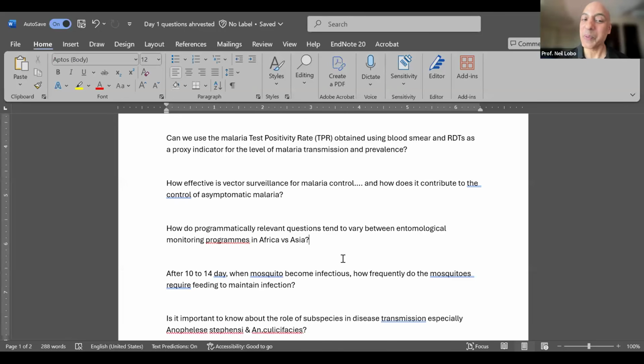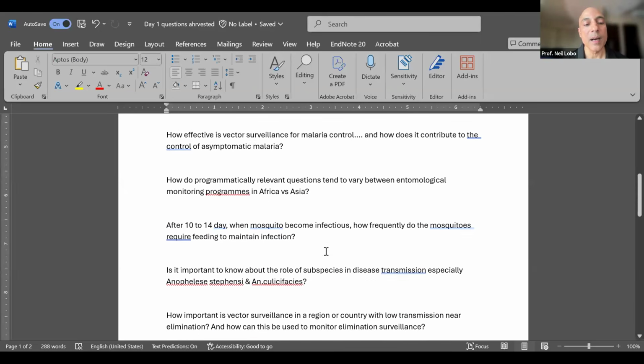And I'll start off with: a lot of programs don't actually ask questions. They just conduct surveillance, right, without asking a question. That's the first response. But when we actually have programs that ask questions, they are usually based on intervention selection and intervention evaluation. And this is usually based on what they can implement.